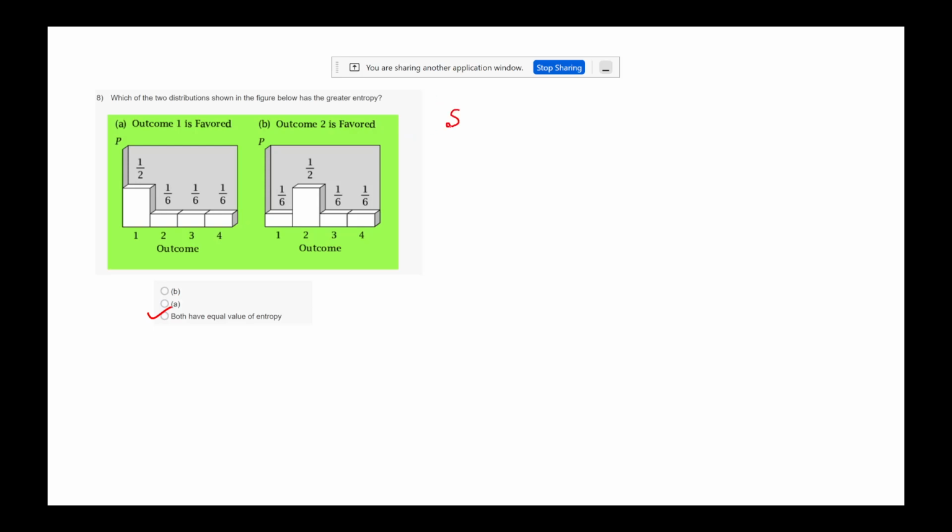For outcome 1, that is S1, will be kB, I will take common, half ln half minus 3 times 1/6 ln 1/6, and it will be the same for S2 also, because this is also 1/2 and 3 times 1/6, 3/1/6 and 1/2.